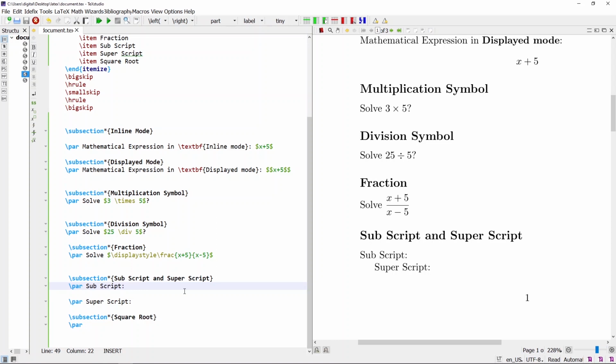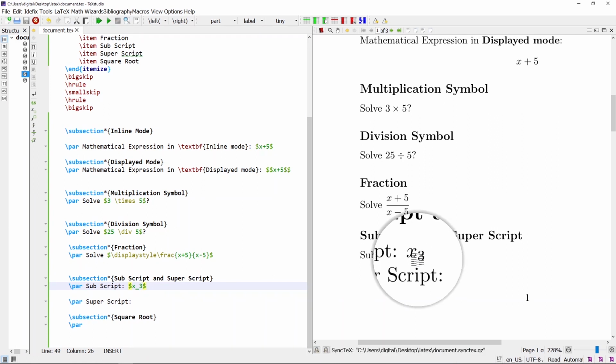Subscripts are written with the underscore symbol and the superscripts are written with the hat symbol. After the underscore or hat symbol, the text will appear in the base or in the power respectively. For example, to write 3 in the base of x, write x underscore 3.